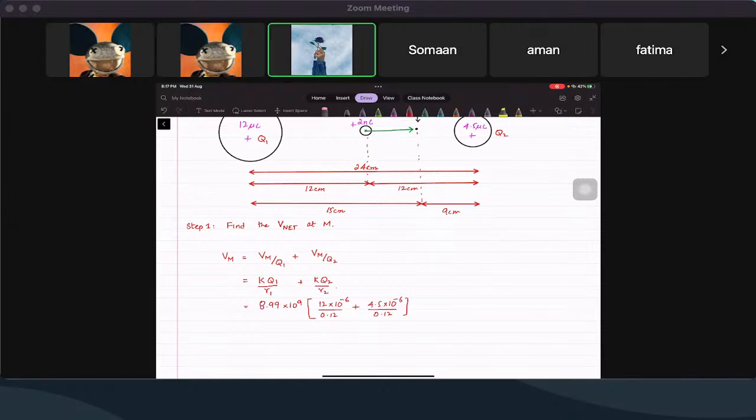So is it 1.2 times 10 raised to 6? Yes, that's correct. Basically it is 1.24 times 10 raised to 6 joules per coulomb. Now this is step 1, right?